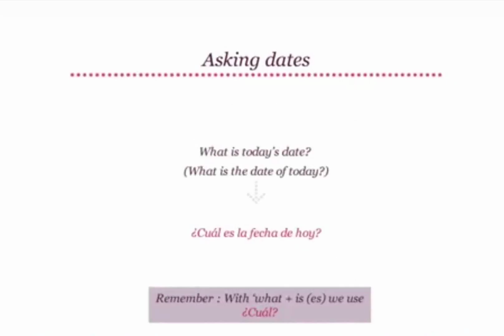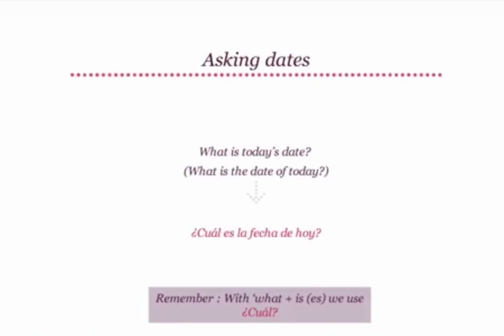What is today's date, which literally is, what is the date of today, translates to ¿Cuál es la fecha de hoy? Try saying that. ¿Cuál es la fecha de hoy?